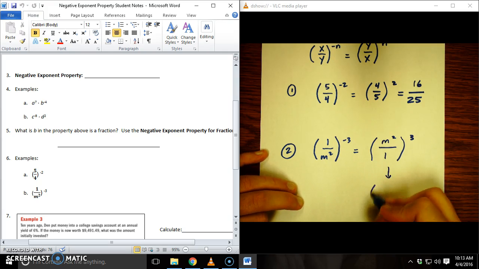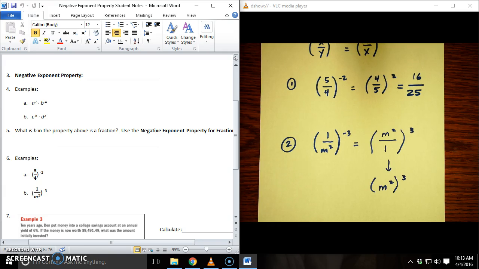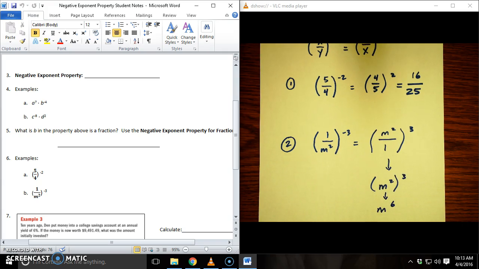It's the same thing as m squared to the 3rd, and then that's another exponent property that you've maybe learned already, and that's power of a power, which means you multiply these. So your best answer for this is m to the 6th power. So that's what you do when you have a base to a negative power.